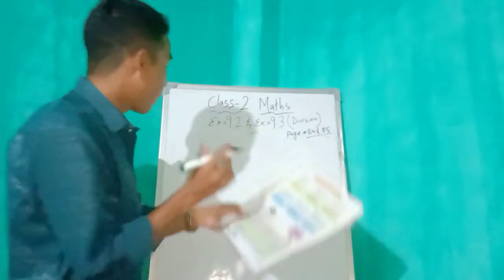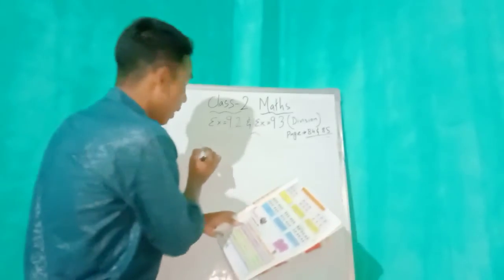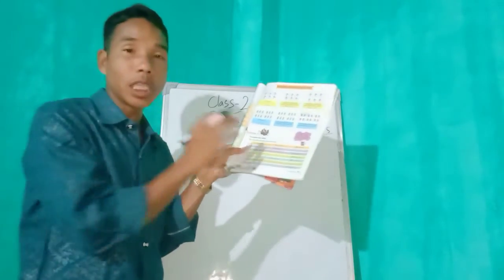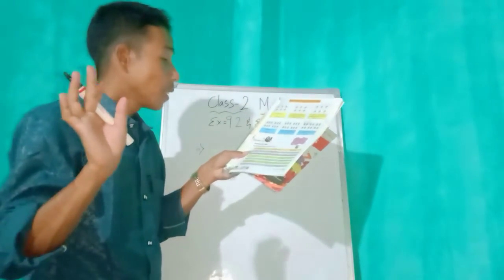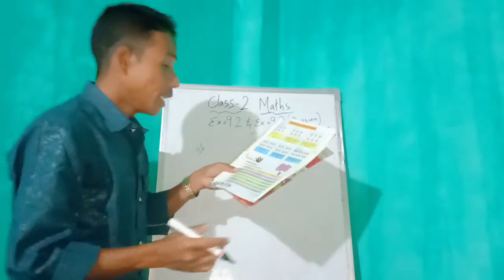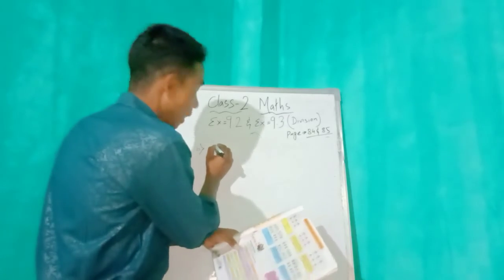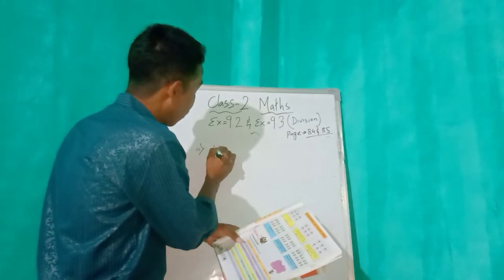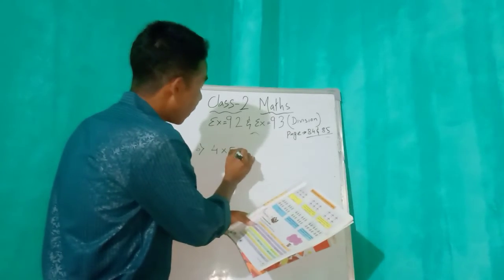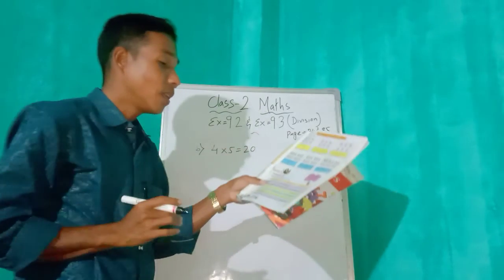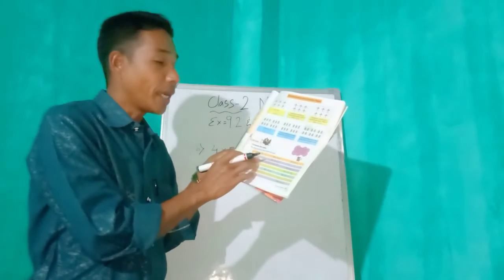Now in number B, look here. I am going to show only one, because this is very easy. Into 5. So 4 5s are how much? This is the answer, I am going to write the direct answer. 4 into 5 equals how much? 4 5s are 20.